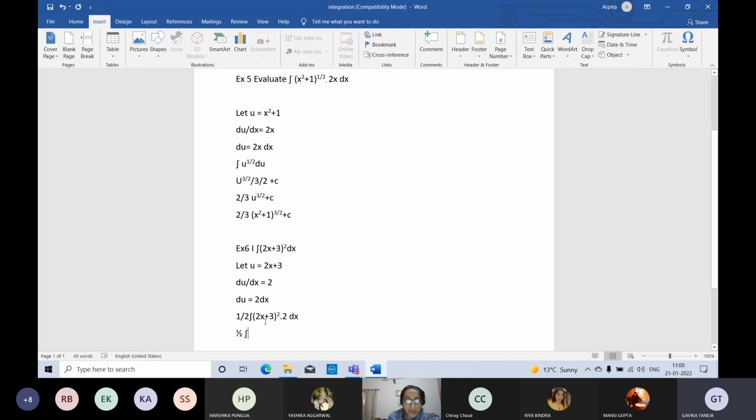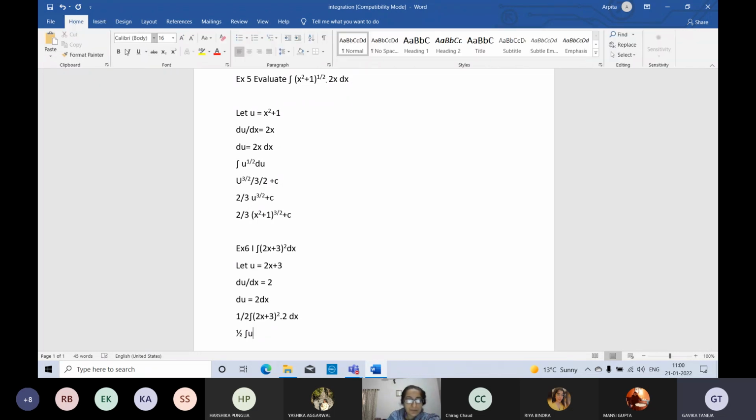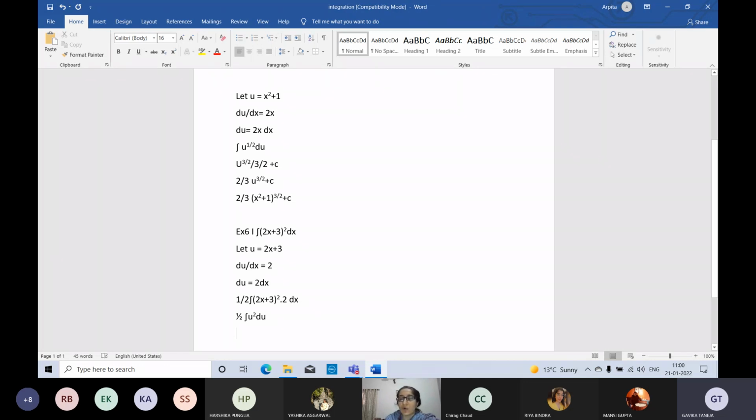I know that 2x plus 3 is equal to u, so I get u square. And now I already have 2 dx equals du. Am I right in this? Now, can I integrate this? I'm not going to do it. You're going to do it and give me the answer.